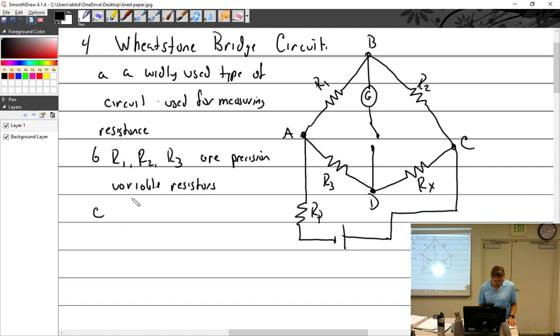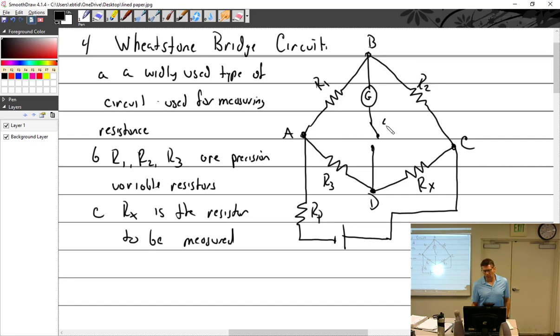Well, I don't go into too much detail on this. R of X is the resistor to be measured. A galvanometer, there's that word again, or a needle movement, is at G. It's there to indicate the condition of balance.